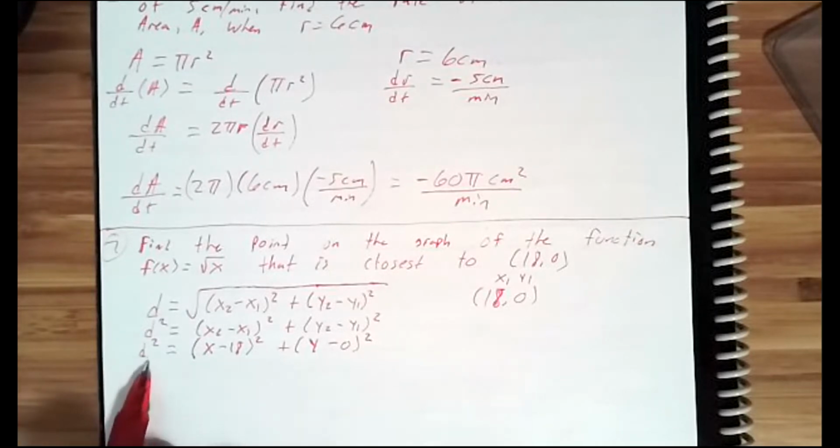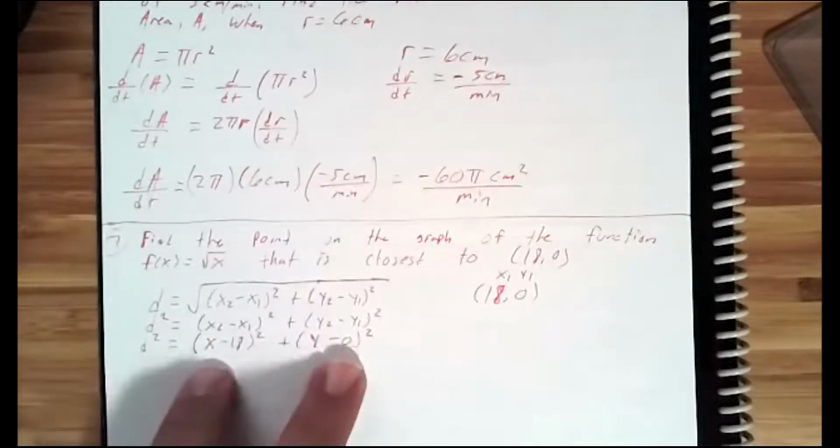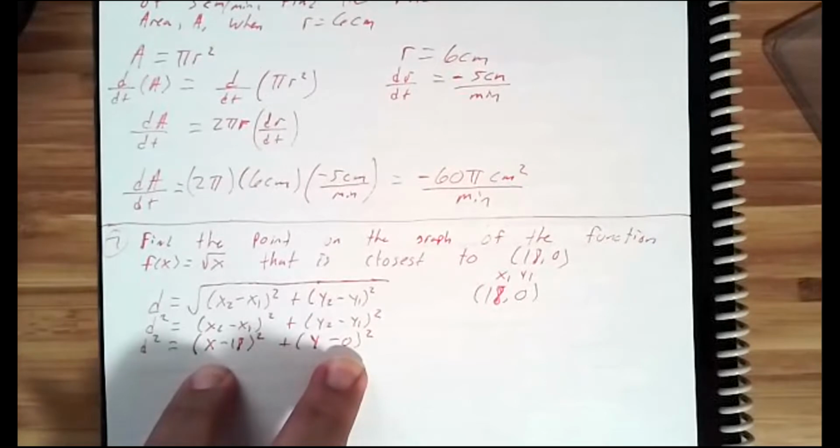Now this d squared is kind of weird. We can call it whatever we want, because all we need to do is take the derivative of this and set it equal to 0.